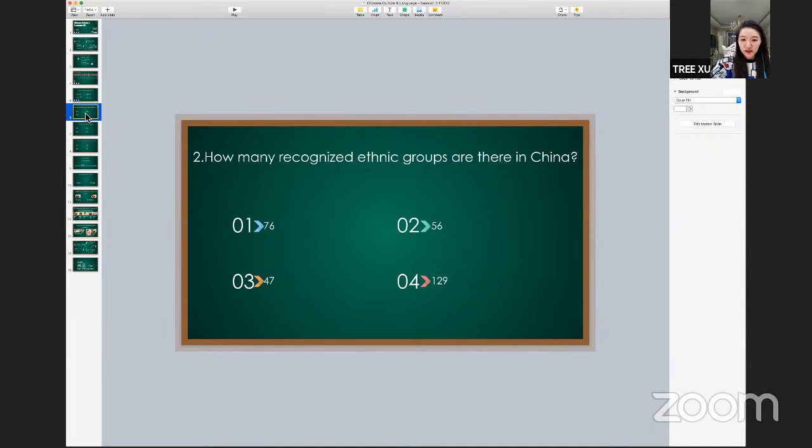Next one. I remember the quiz was from the first class. Do you still remember the answer? This one is hard because we do math when we count.